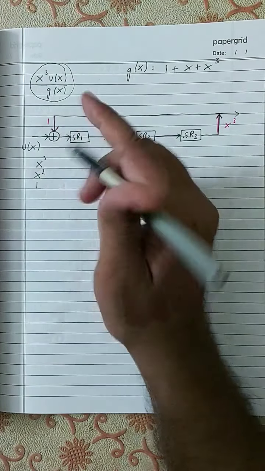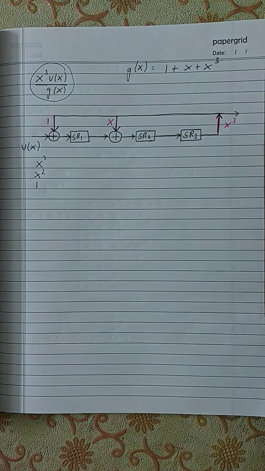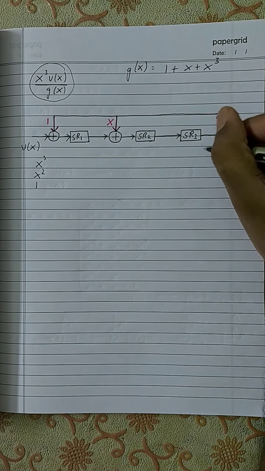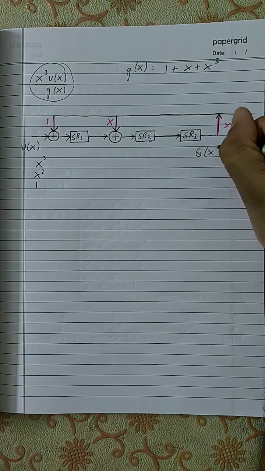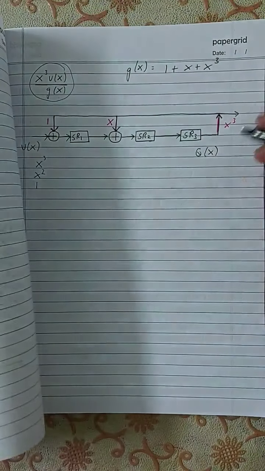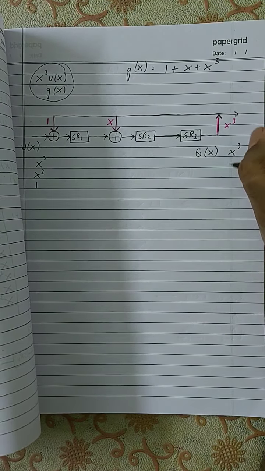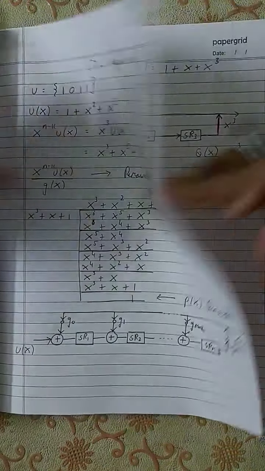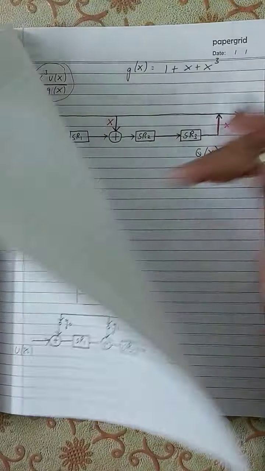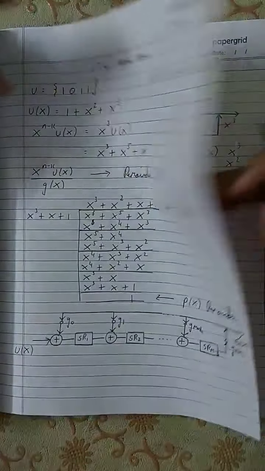And while these 3 values are being transmitted, at the output over here you will get the value of q of x first. First you will get the coefficient of x cube, then the coefficient of x square, then the coefficient of x, then the coefficient of 1.